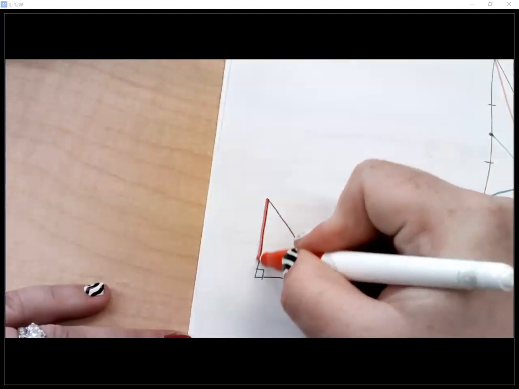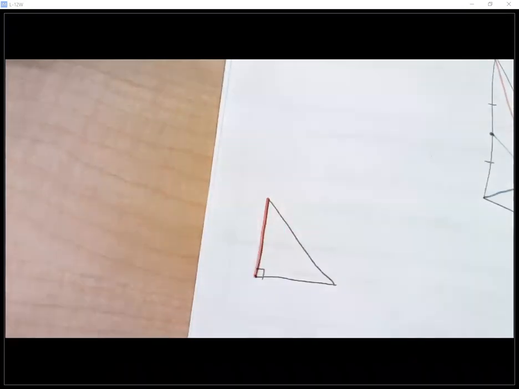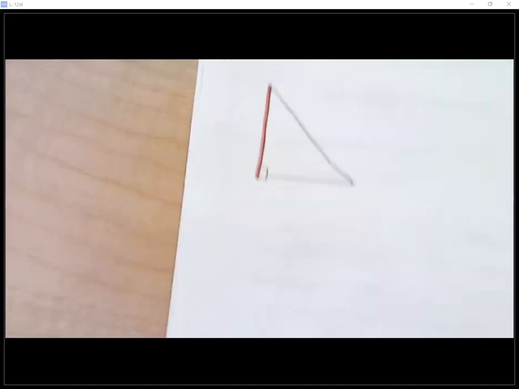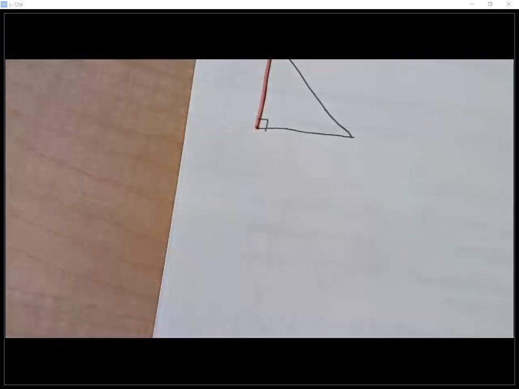What would that red segment be? If anything, it could be nothing. Does that fit any of our definitions? Yes, Taylor. It is an altitude.